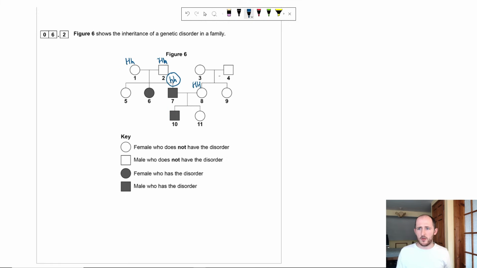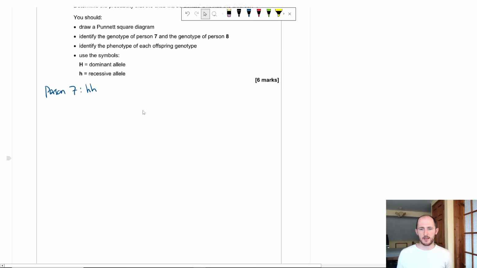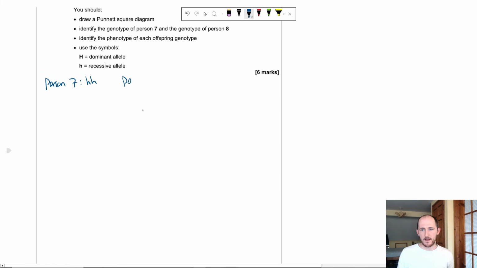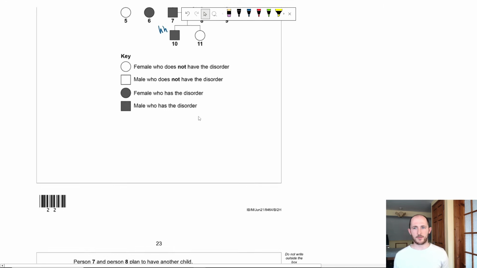So because we know that this kid down here has 2 lowercase h's, the mother must carry at least 1, or in this case exactly 1, recessive allele. Does it matter which way around the h's go? Absolutely not. You can have capital H, lowercase h, or lowercase h, capital H. So I hope that makes sense for determining where that genetics comes from.